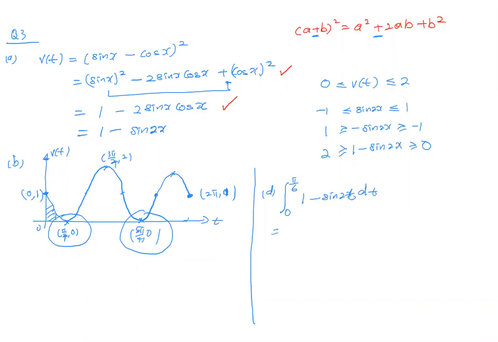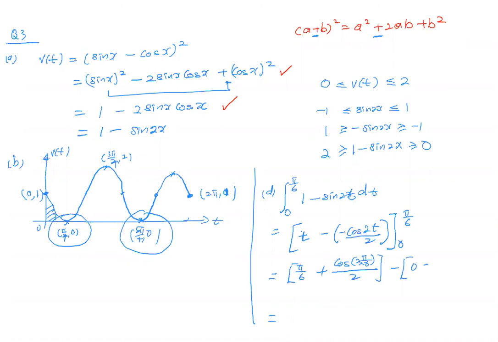Then you integrate. You integrate sin, you get negative cos, divide by 2. Okay, you get another mark. You substitute, you get the final answer, you got a mark. So this one will be pi by 6, take plus cos 2 times of pi by 6, divided by 2, take away 0 plus cos 0.